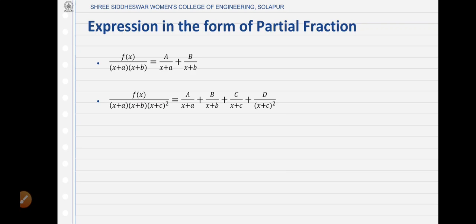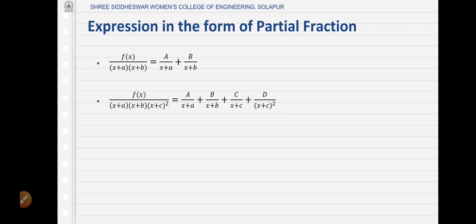So in that case we can write this expression in the form of partial fraction as first constant A upon the first linear factor plus second constant capital B upon the second linear factor, and the third factor is appearing in square form.